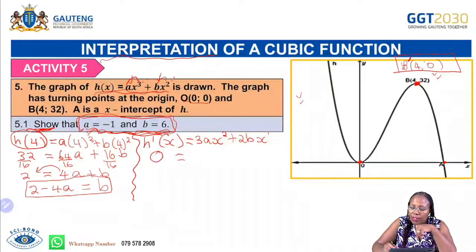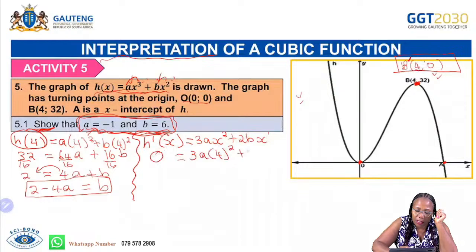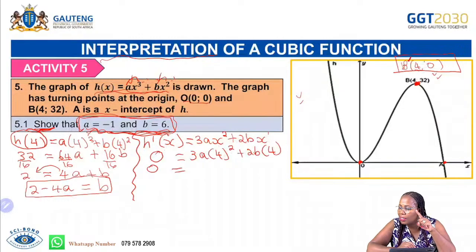And then in this case, we are going to substitute that x that is given to us. That is 3a into 4 squared plus 2b into 4. So now this will give us our second equation. 4 squared is 16. 16 times 3, that is 48a.